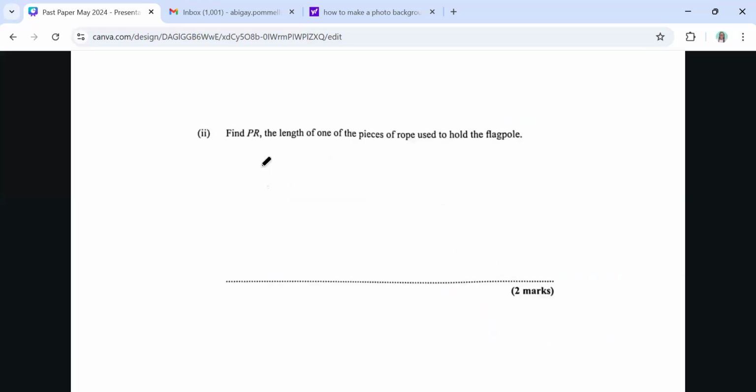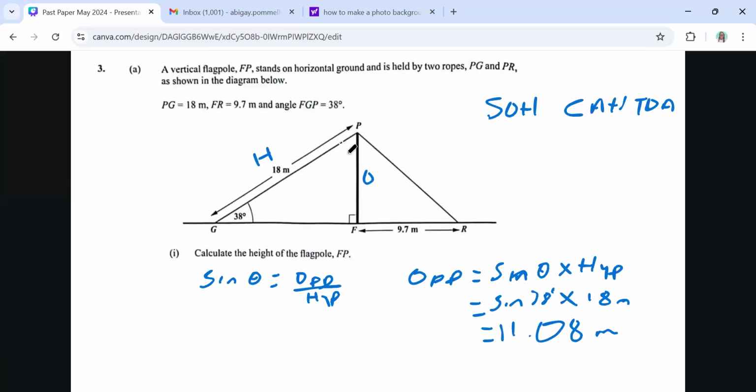It says find PR, the length of one of the pieces of rope used to hold the flagpole. Let me search for PR. PR is right here. We already know PF is 11, and now we're finding PR.